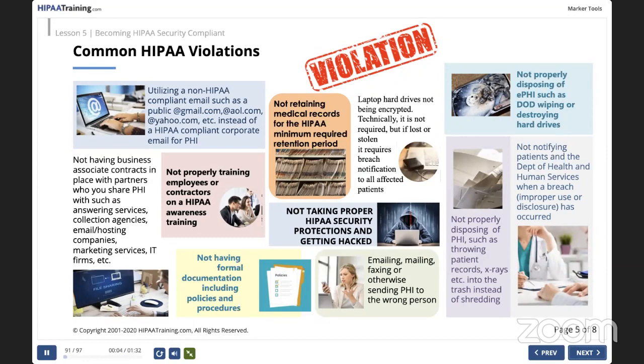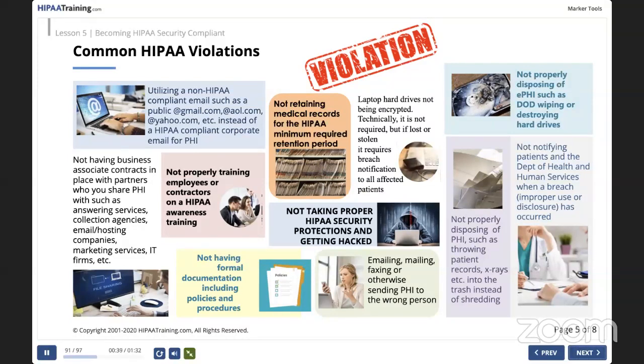Utilizing a non-HIPAA compliant email, such as a public @gmail.com, @AOL.com, @yahoo.com, etc., instead of a HIPAA compliant corporate email for PHI. Not having business associate contracts in place with partners who you share PHI with, such as answering services, collection agencies, email hosting companies, marketing services, IT firms, etc. Not properly training employees or contractors on a HIPAA awareness training.